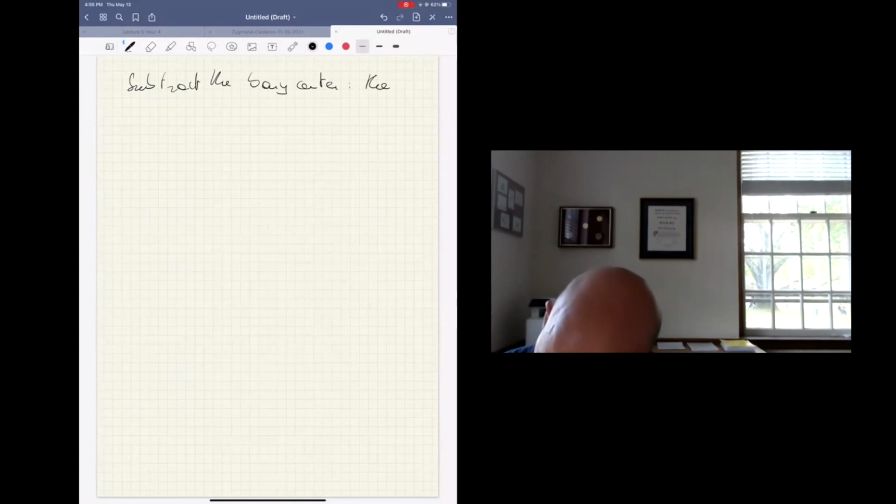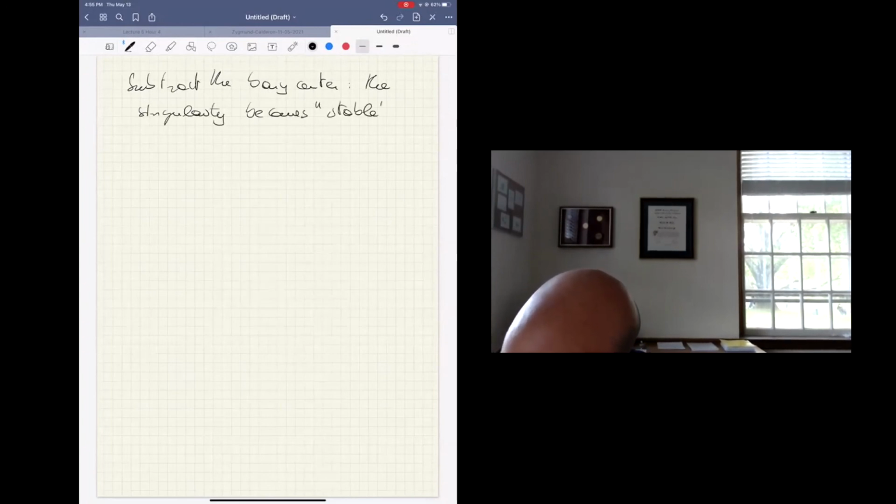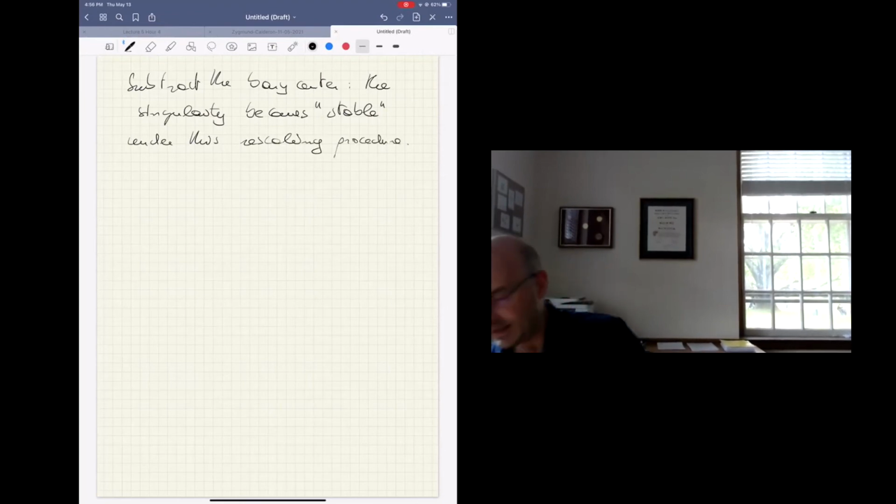So the singularity becomes robust, or if you want, stable under this rescaling procedure. Okay, and then you can carry on all of this analysis.